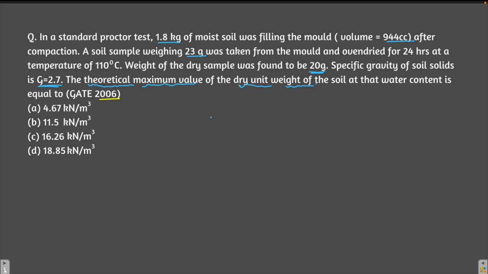So initial weight W1 was how much? It was 23 grams. And then after oven drying, W2 was 20 grams, right? Specific gravity is 2.7. This is given to you.